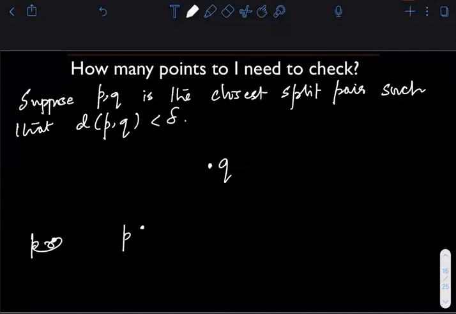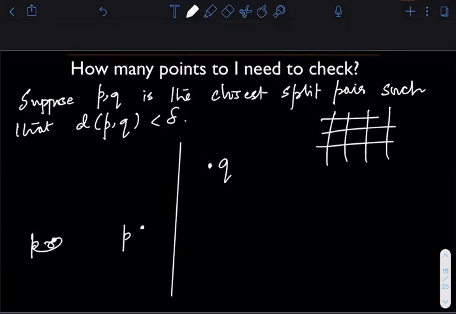So imagine I place a grid onto this picture. What is a grid? A grid is a picture which looks like that. The grid will have some properties. The first property is that one of the grid lines will coincide exactly with the median. This is the X bar line, remember? I have the set Q here and the set R here.